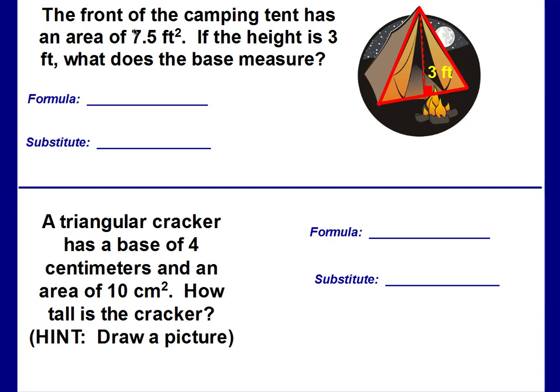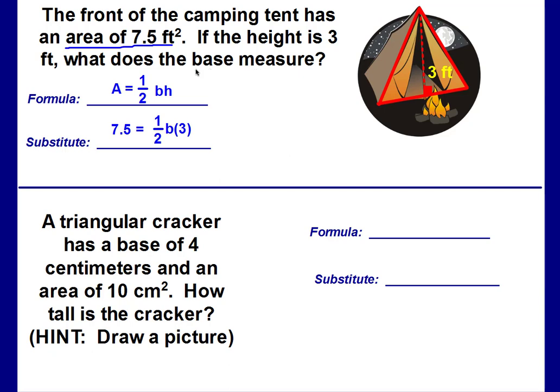Okay, next one. The front of the camping tent, so we're just talking about the front of it, has an area of 7.5 feet squared. So this time we're given the area. If the height is 3 feet, what does the base measure? First thing you do, write your formula. Then substitute the values in. I know my area this time, so the A is going to be 7.5 equals 1/2.